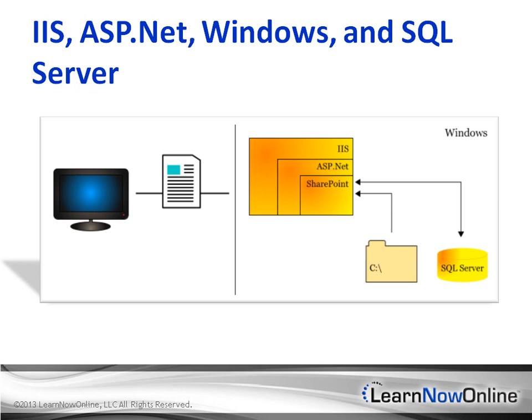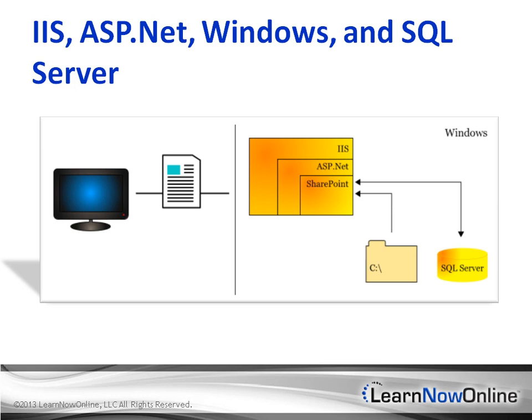And there are also some configuration files like the web.config, or even a lot of the features and the schema for some of the lists can actually live in the file system. And then content and other types of configuration live in the database server.